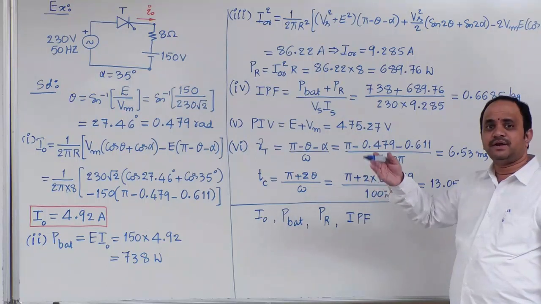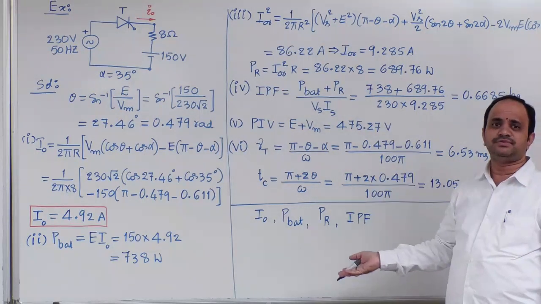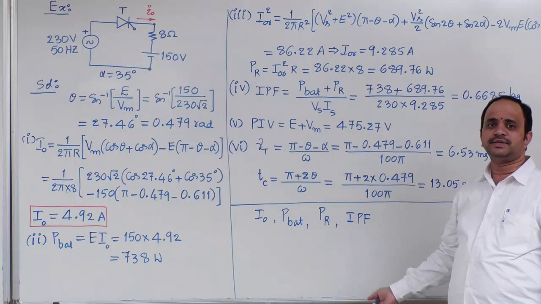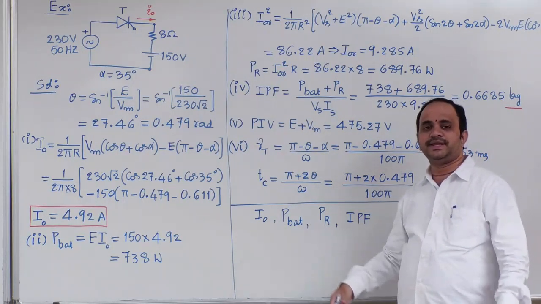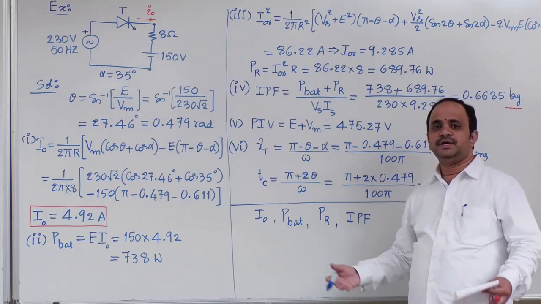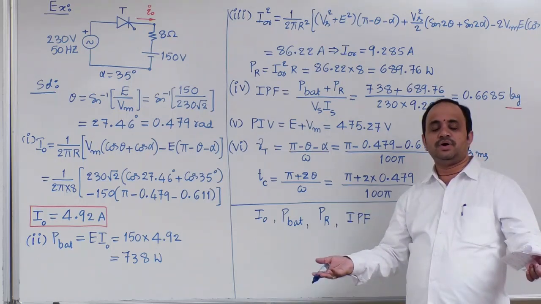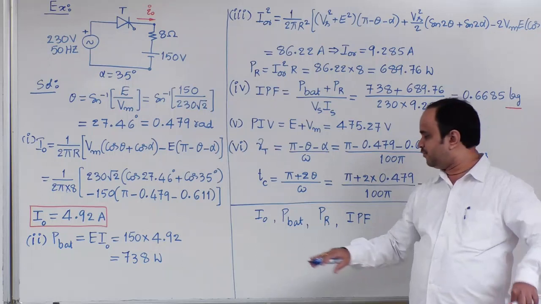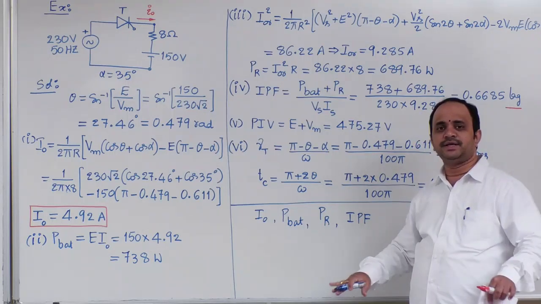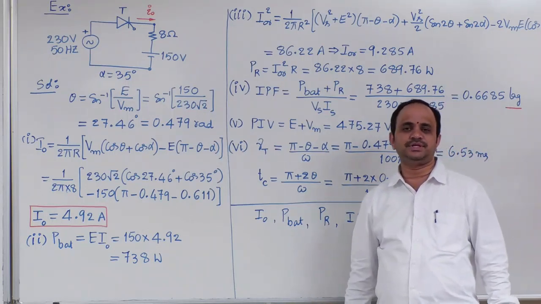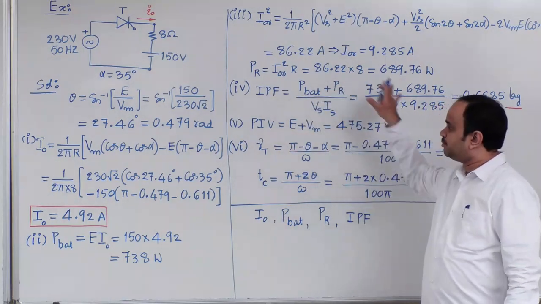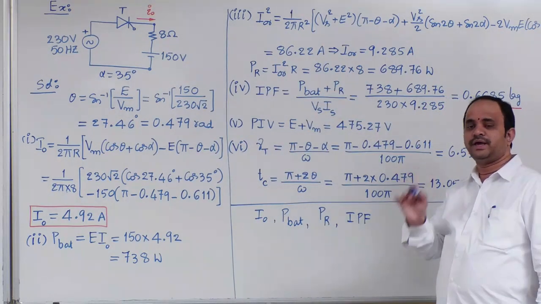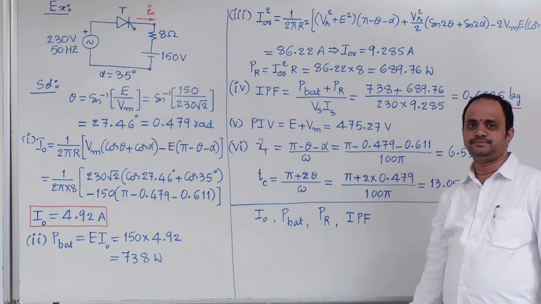So in case of a conventional exam, you can take this problem as a 20 marks question. In the objective exam, when alpha increases, what will happen to these values? When alpha decreases, what will happen? Otherwise, if SCR is replaced with a diode or diode is replaced with SCR, whether these values increase or decrease, there is no change. That type of questions we can frame for objective exam. So practice these problems one more time after watching this video.